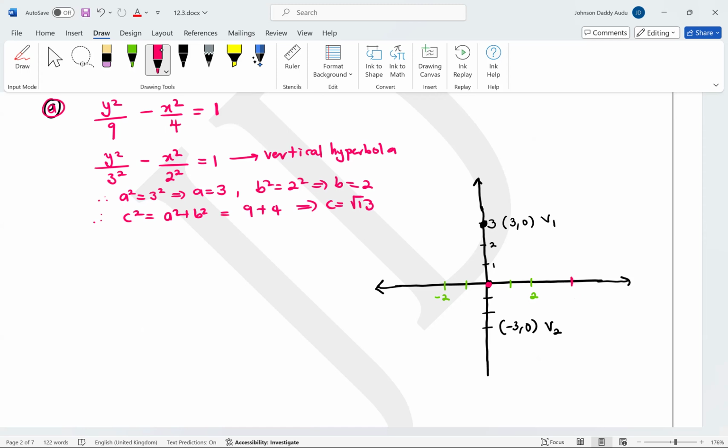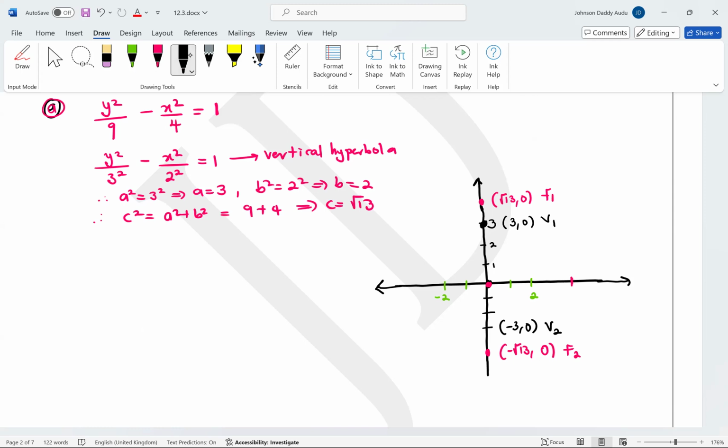And what is our transverse axis? Is the y-axis. So if this is our vertex, it's going to be somewhere here, which is going to be root of what? 13, 0. And then maybe somewhere here, which is minus root of 13, 0. So call this one our F1, and this one is our what? F2. All right.